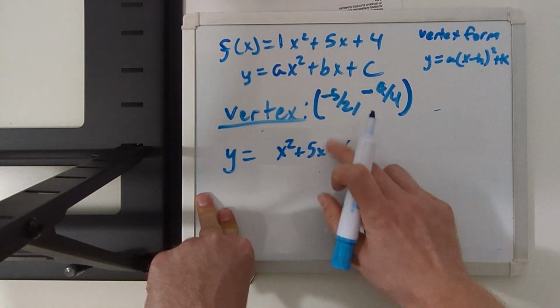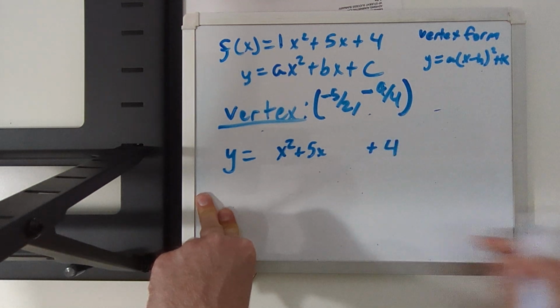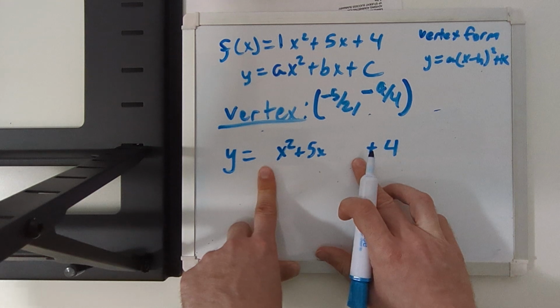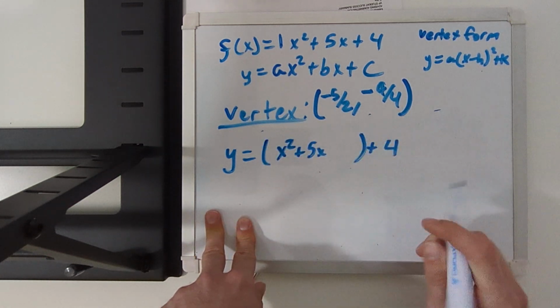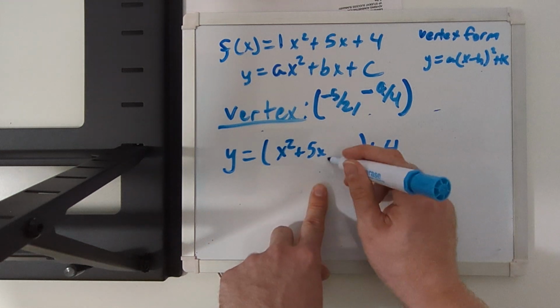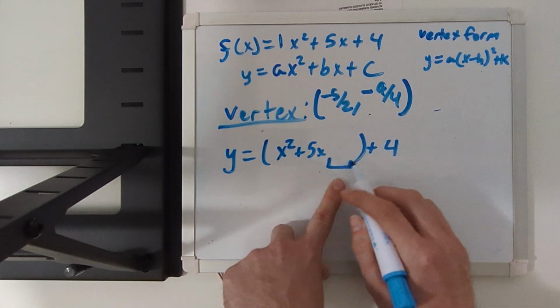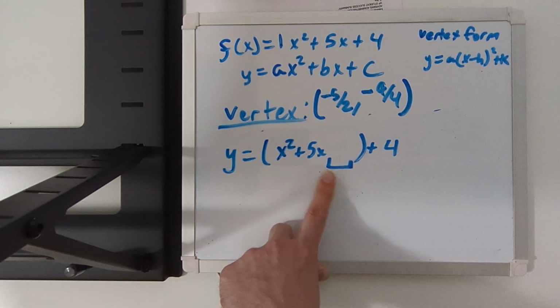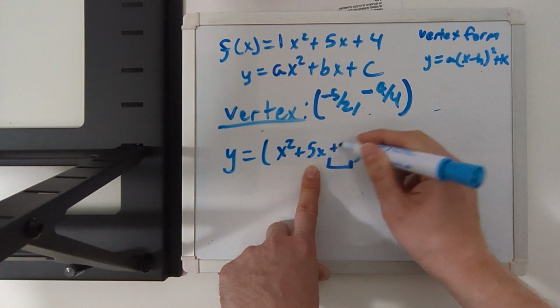I'm going to leave some space with the plus 4, and I'll explain what completing the square is. Completing the square is turning this into a perfect square trinomial, and to do that, we're always going to add half of this value and square it. So half of 5 is 5 halves. Squaring that is 25 fourths.